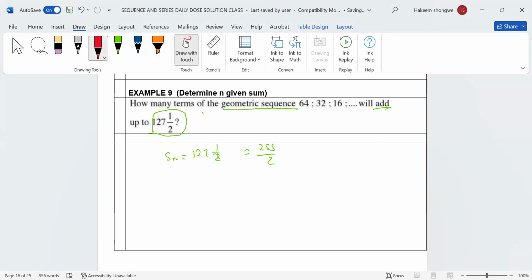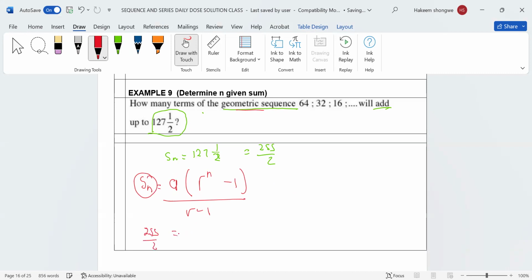And then they said it's a geometric series. What is the sum for a geometric series? Sn is going to be given by A, open bracket, R to the n minus 1, all over R minus 1. But now we know Sn is equal to 255 all over 2.